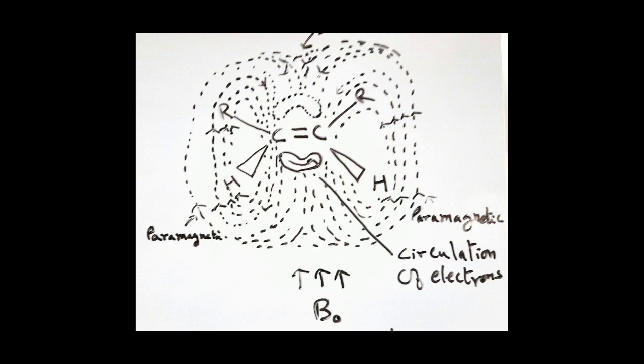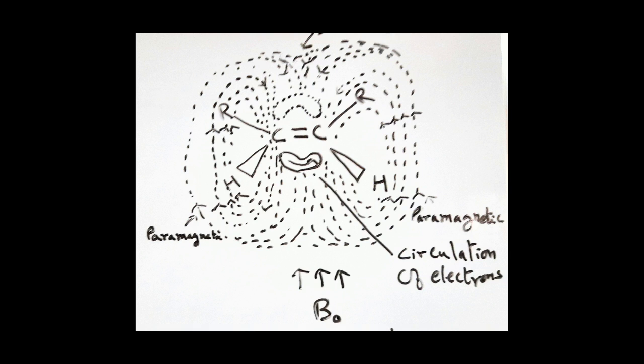In the area where the two protons H are lying, you can see the arrows turning upwards around the protons of ethylene. That means the secondary magnetic field produced by the carbon-carbon double bond is aligning with the applied magnetic field B0.